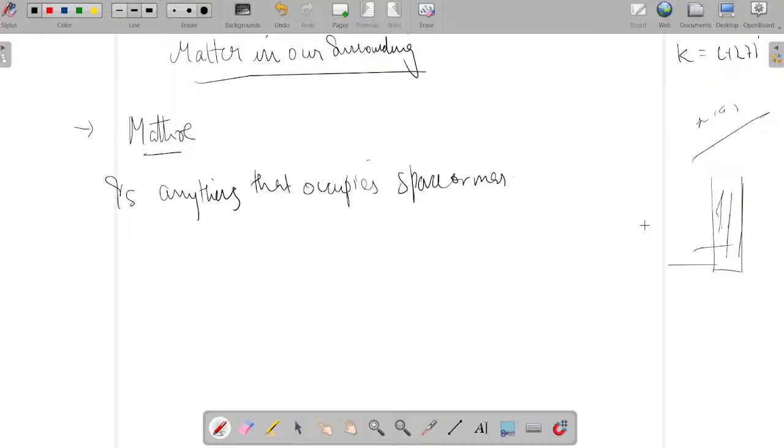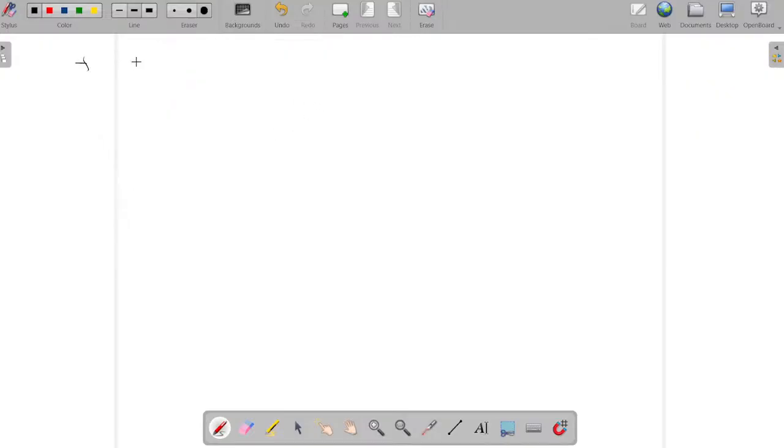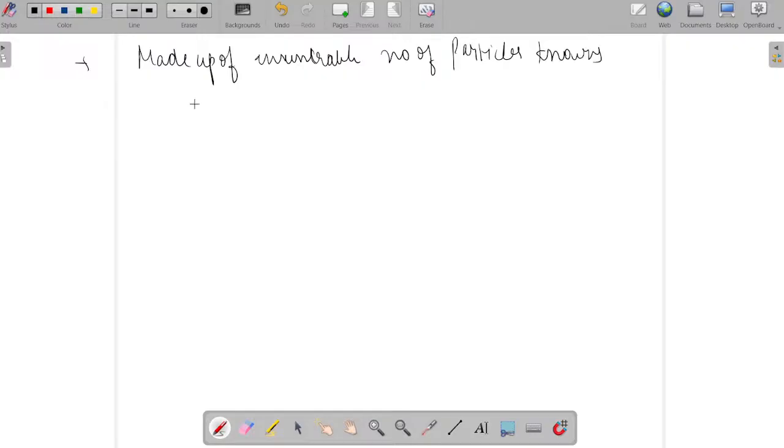Now, what are the characteristics of matter? We know that matter is made up of an innumerable number of particles known as atoms.